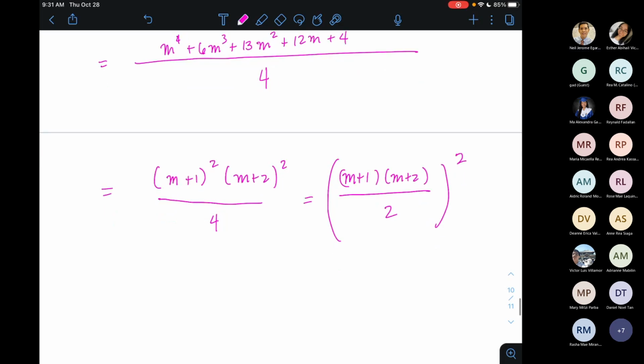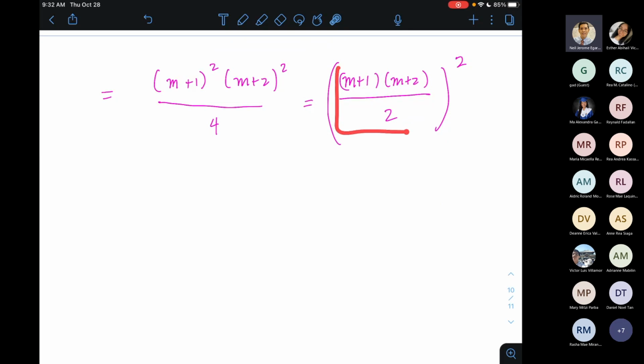All right? And then do you guys recognize this, the one inside the square? Does that look familiar? Ano yung m plus 1 times m plus 2 all over 2? Nakikilala niyo ba siya?